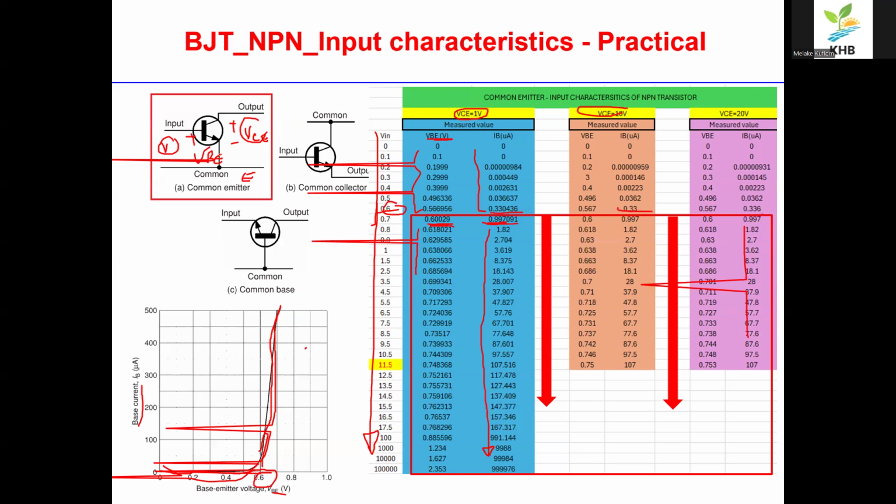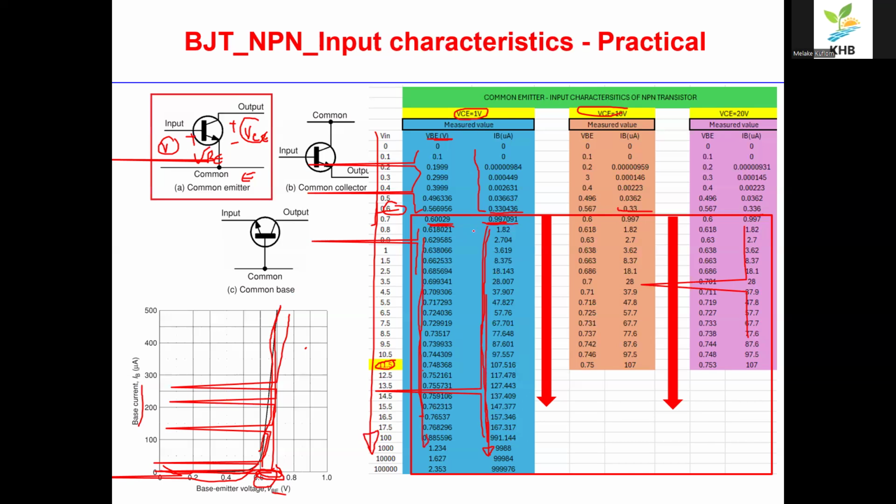When this input voltage is 10 or 11.5, the voltage on the forward base remains within 0.6 and 0.7, just around this area. So you still see no increase in the voltage, but the bias current is increased from 1 microamp up to maybe 1000 microamp or 1 milliamp.